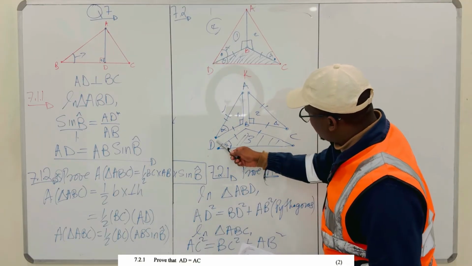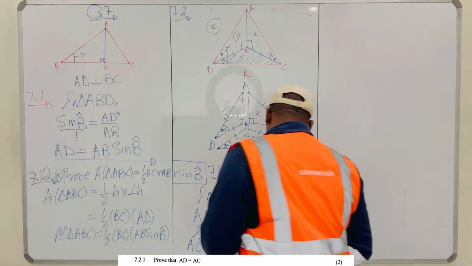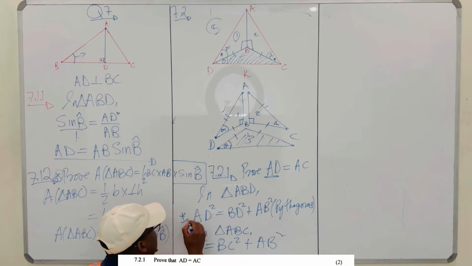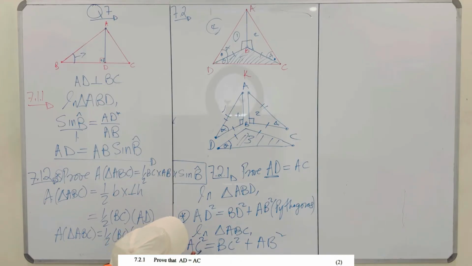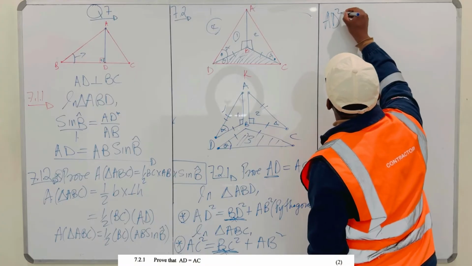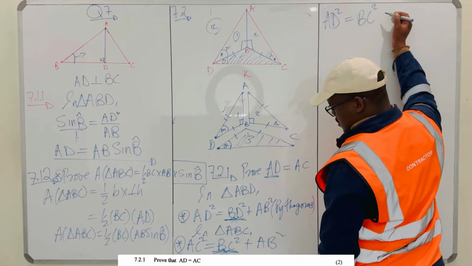So if you're looking at the definition of the square of AD and the definition of the square of AC, you know that BD, this part, is equal to this part. These two are equal. So you can write now your AD squared is equal to what? BC squared. Right?